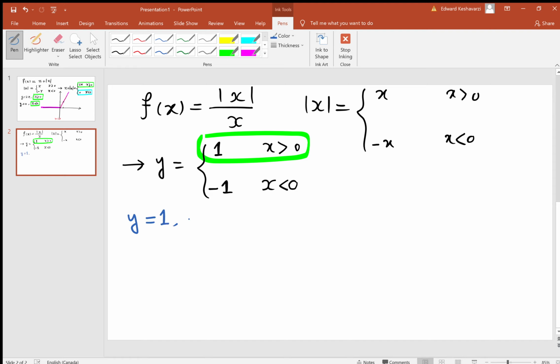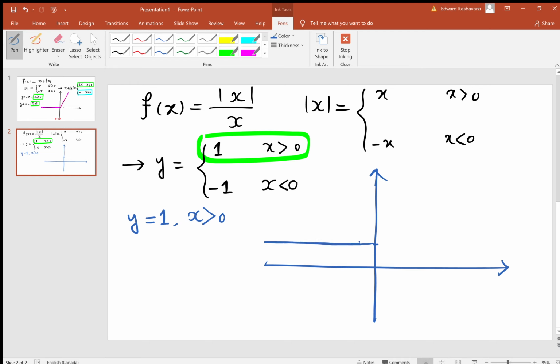However, we don't need the entire y equals 1. We need a portion of that associated to x larger than 0. So y equals 1 is a horizontal line, and we need to keep the part of this function that has positive x value.